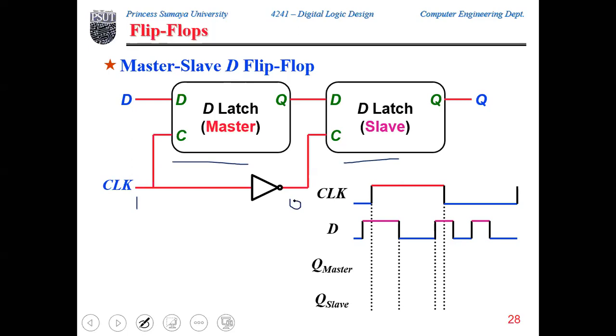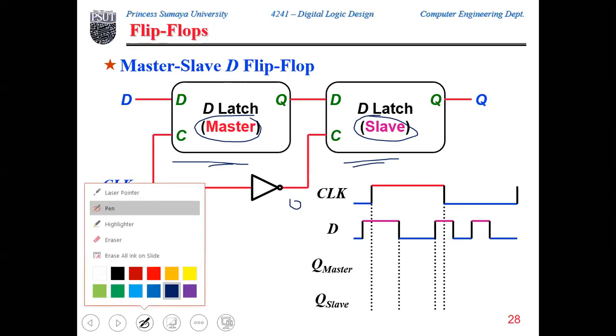So these two latches work in tandem, we say. Only one of them is enabled at any instant of time, either the first one or the second one. The first one, we usually call the master. The second one, we call the slave. And I will tell you why they are called this way.